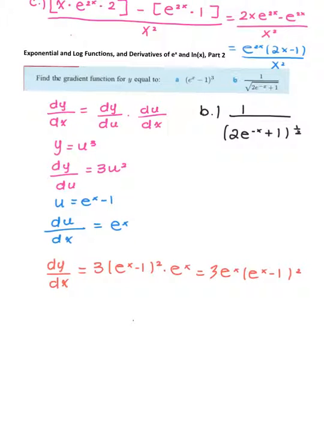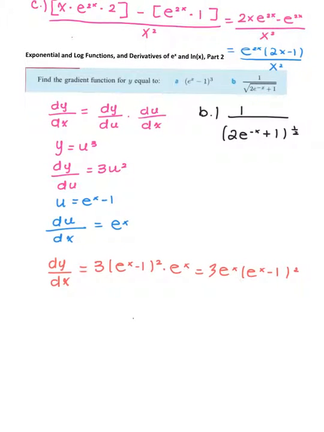Because it's 1 over, you can move it to the top and just make it negative. That's just a rule of exponents. Really, this is equal to 2e to the negative x plus 1 to the negative 1/2. You'll see on the mark scheme for one of the homework questions that they show 2 ways that you can do it because they have a problem that's similar to this.